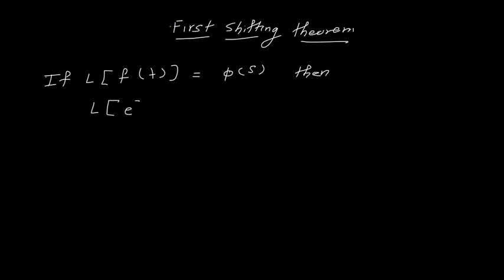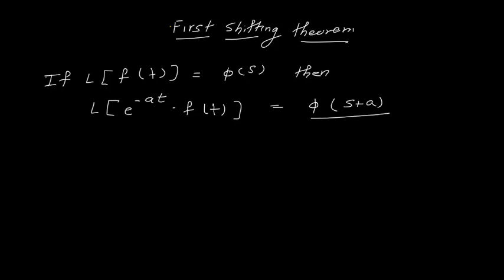Now in this lecture we will see the first shifting theorem. What the first shifting theorem indicates is that if Laplace of f of t is phi of s, then Laplace of e raised to minus at into f of t is equal to phi of s plus a.